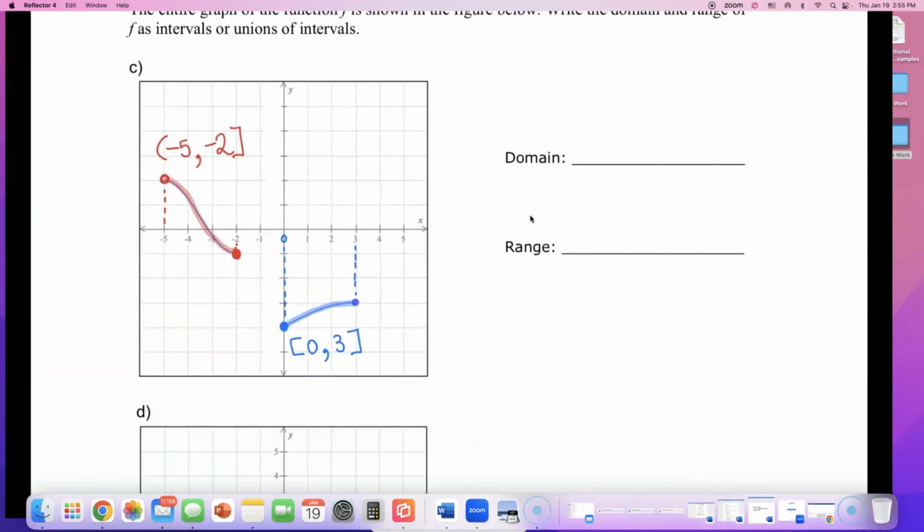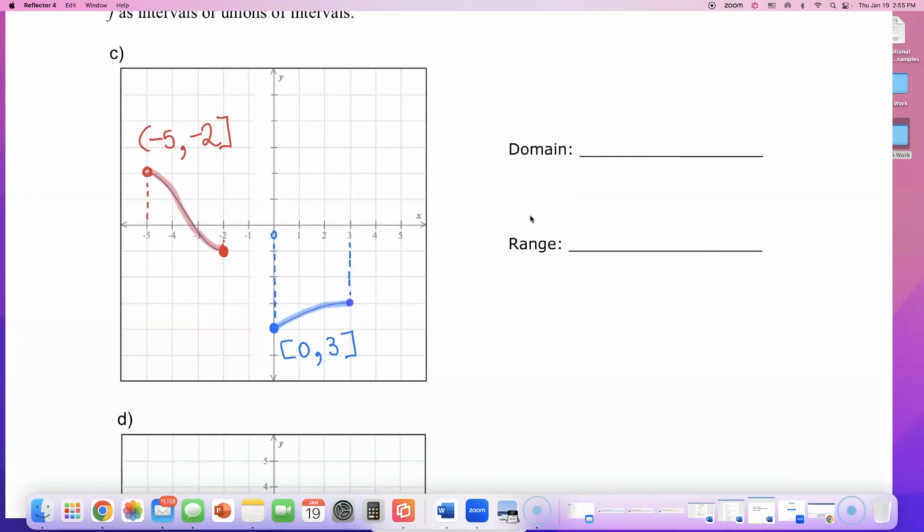Now, for the whole thing, you will put them together. So what you will do is you will write down the domain of the first piece, draw a union symbol, okay, U for the union symbol, and write the domain of the other piece that we read. So that's how you can read the domain of this piecewise function.